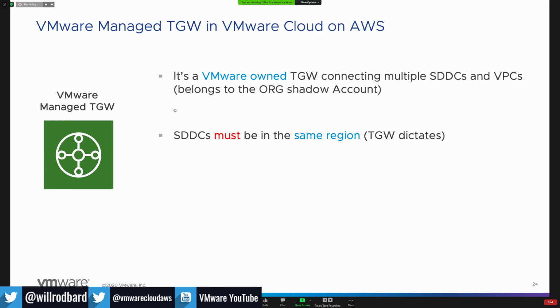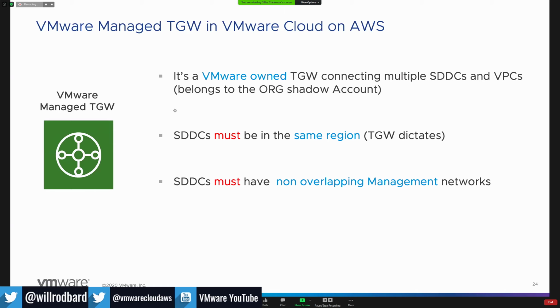SDDCs must be in the same region. And that's normal because the transit gateway is a region construct. SDDCs must have non-overlapping management networks. Why? Because the management network is actually the VPC CIDR from an AWS point of view.